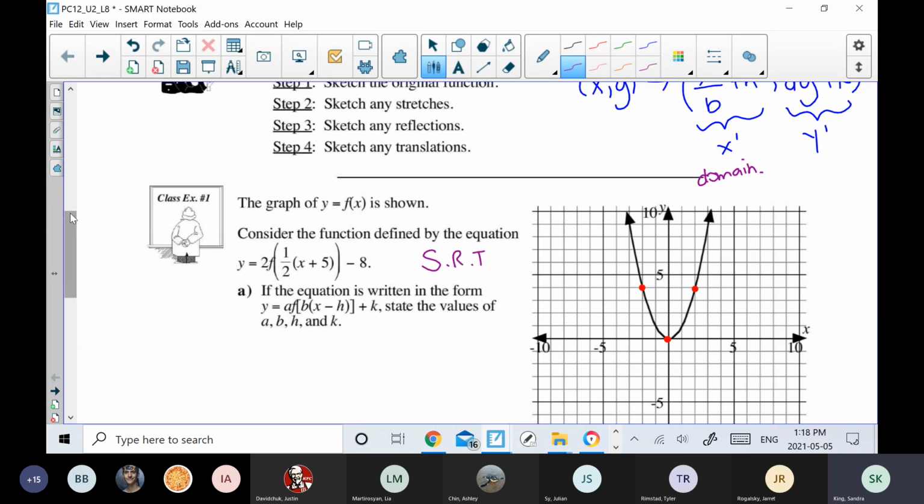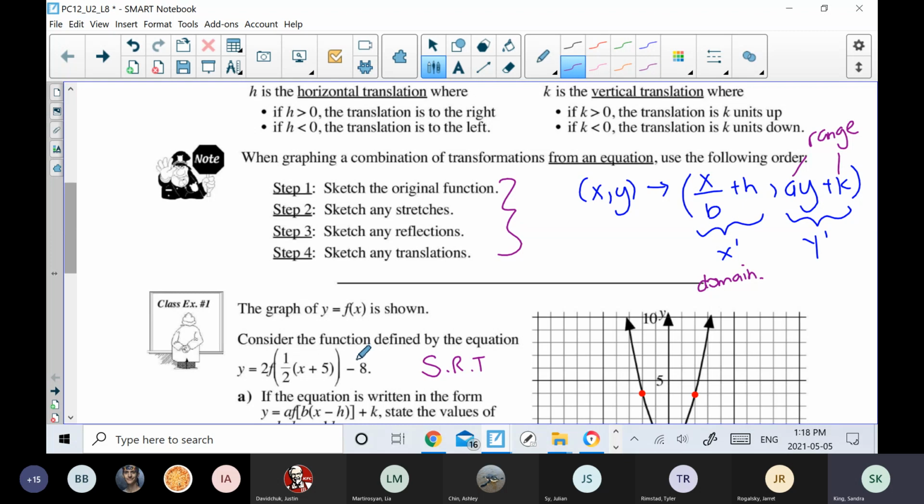So SRT is when you're given a final function or a transformed function, and they say describe the transformations, you always want to talk about your stretches first, your reflections second, and your translations last. With mapping, though, like I said in lesson 7, this mapping actually takes care of SRT. And with one of the questions, I'll show you exactly how I would do it, and then I'll show you a different method, how a different teacher would do it. I'll just show you the picture of how they would do it, though.